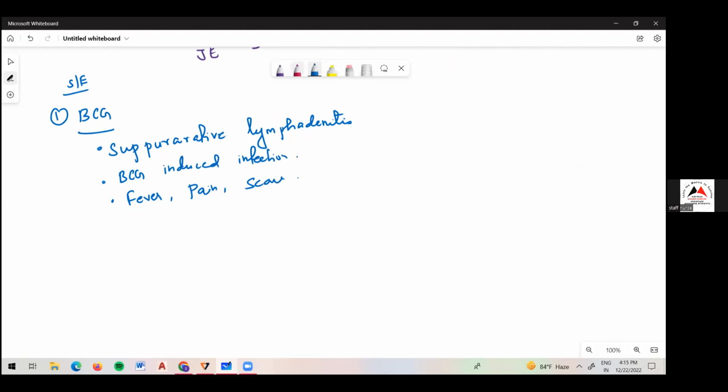That occurs within 2 to 6 months of vaccination. This will occur because of the BCG vaccine.